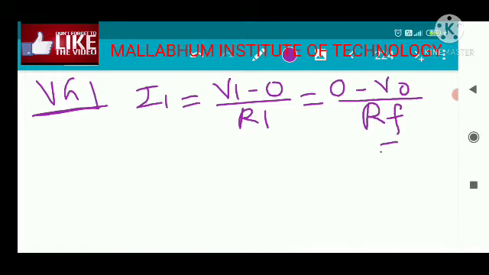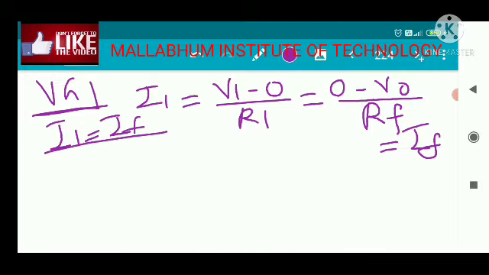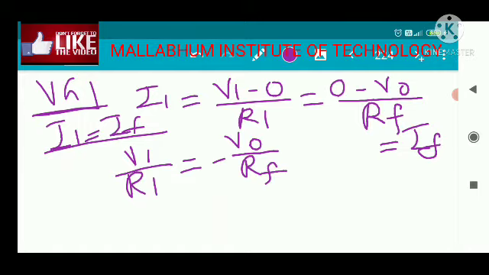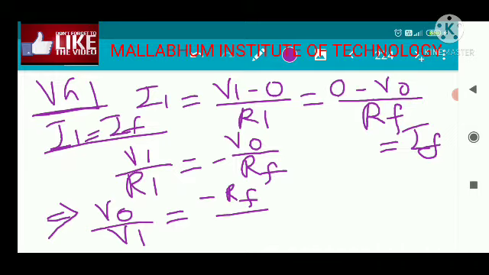Since I1 equals IF, if we solve this, V1 by R1 equals minus V0 divided by RF. So our gain is V0 divided by V1 equal to minus RF divided by R1.